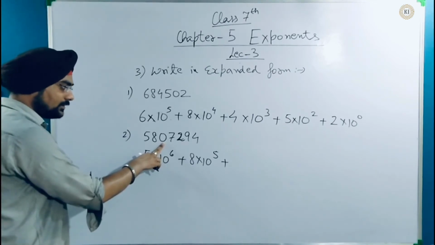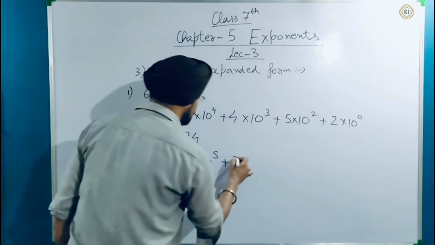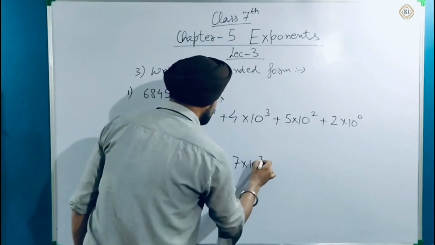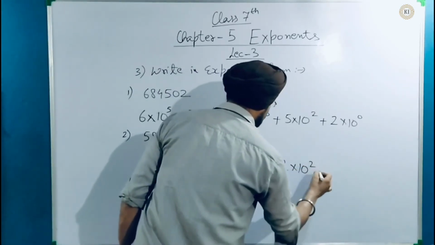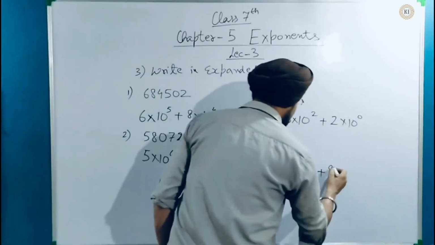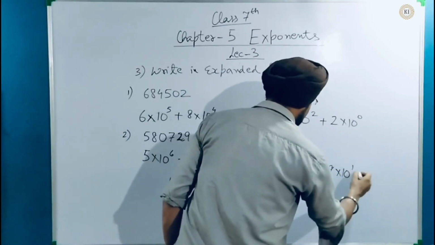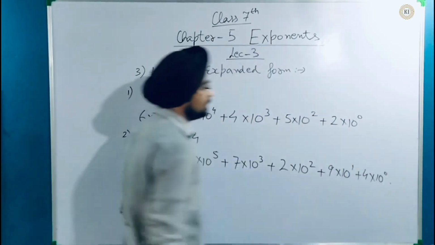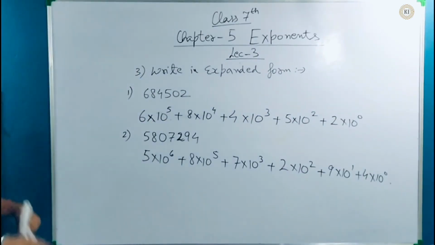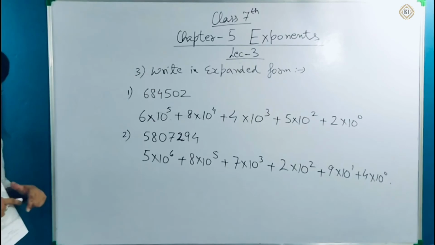No need to write because 0 is there. So we write 7 now. 7 into 10 to the power 3 plus 2 into 10 to the power 2 plus 9 into 10 to the power 1 plus 4 into 10 to the power 0. So these are the numbers in which we have expressed it into a standard form.